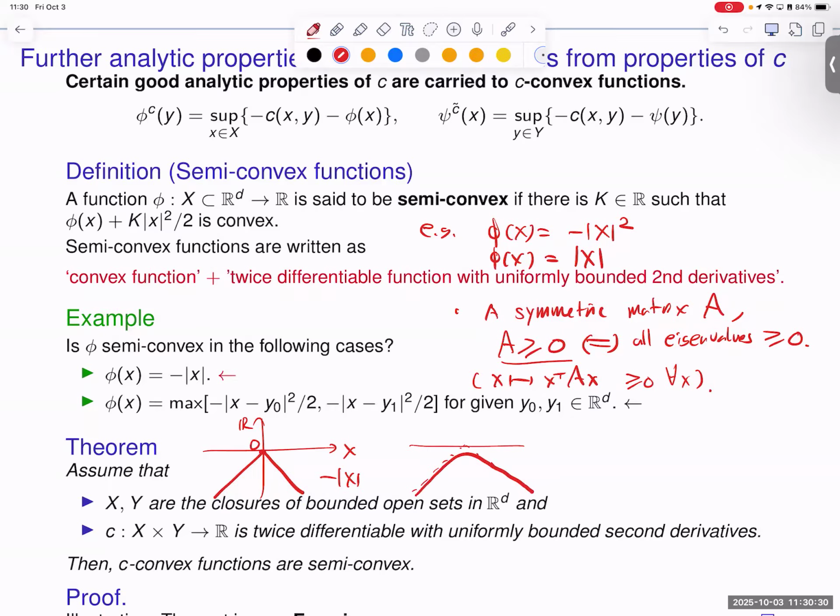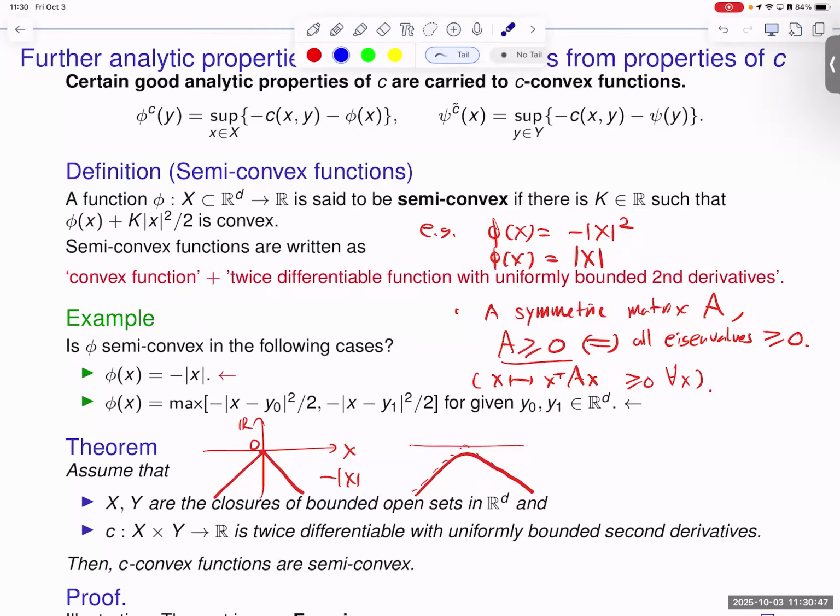If you make this curve have a more and more sharp corner, then the second derivative will go to infinity.